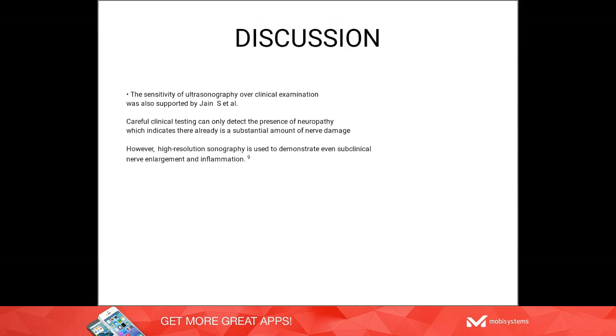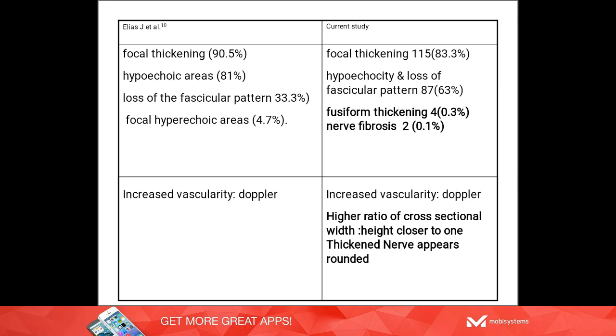So the sensitivity of ultrasonography over clinical examination has also been supported by other studies, and clinical testing can only detect the presence of neuropathy when there already is a substantial amount of nerve damage. However, high resolution sonography is used to demonstrate even subclinical nerve enlargement and inflammation.